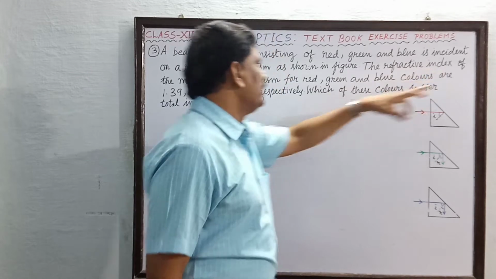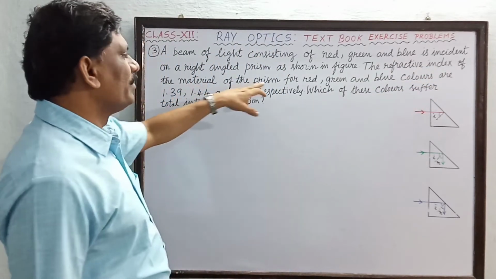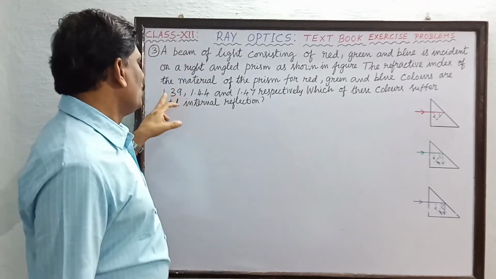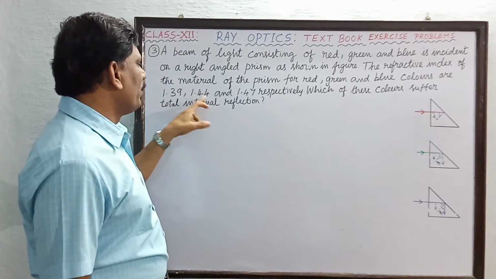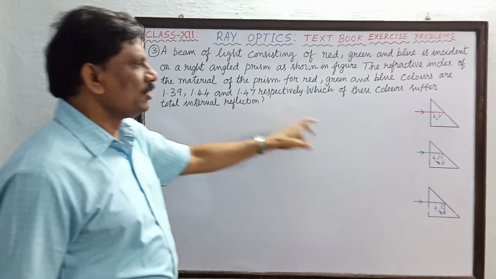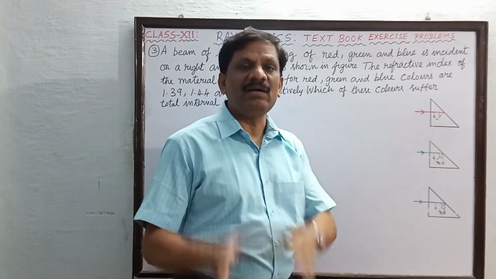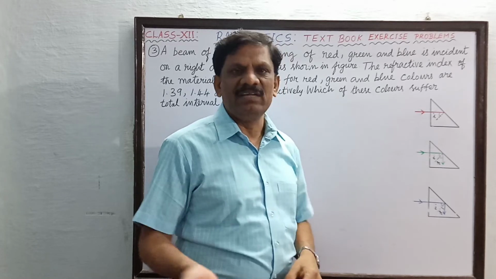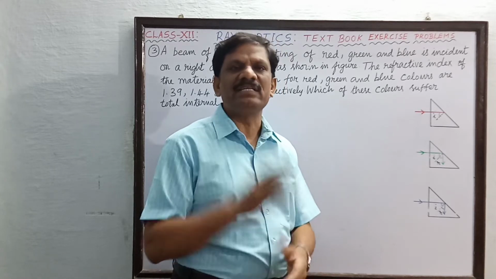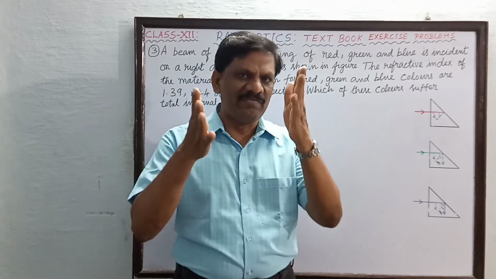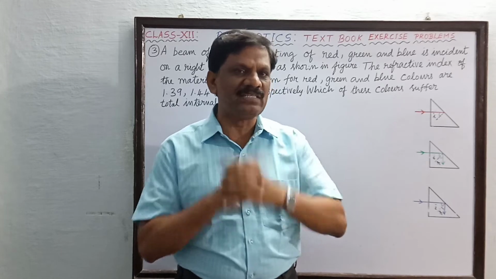The refractive index of the material of the prism for red, green and blue colors are 1.39, 1.44 and 1.47 respectively. So the refractive index of glass is not constant for all wavelengths. It is different for different colors and wavelengths, because you have studied that when white light travels inside glass, all the different colors travel with different speeds.